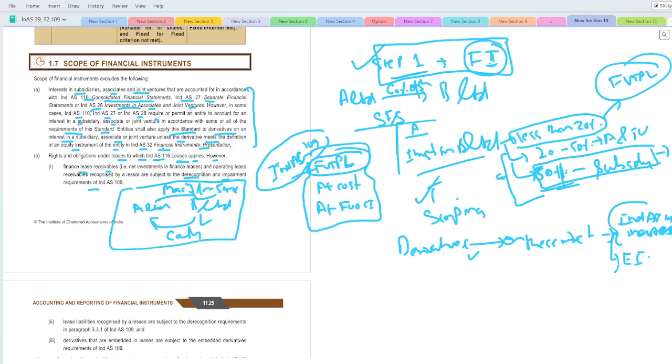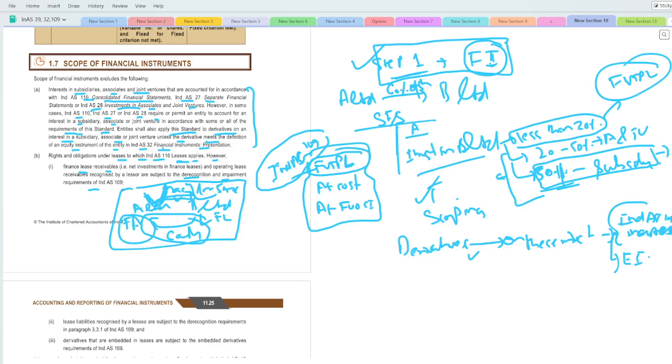Because this leg is a non-financial item, so it's not cash or an equity instrument. But if this is performed, like A Limited has already given the machine to B Limited, then only this leg is outstanding, correct? So that means for B Limited it will become a financial liability, and for A it will become a financial asset, correct? So this is the case.